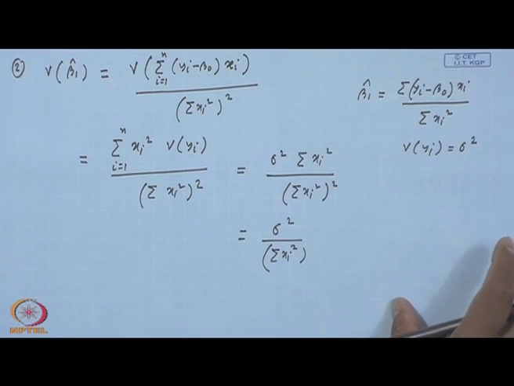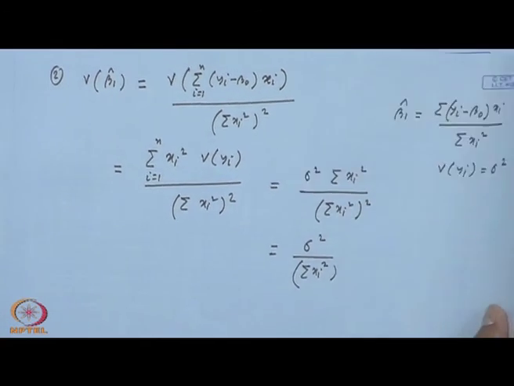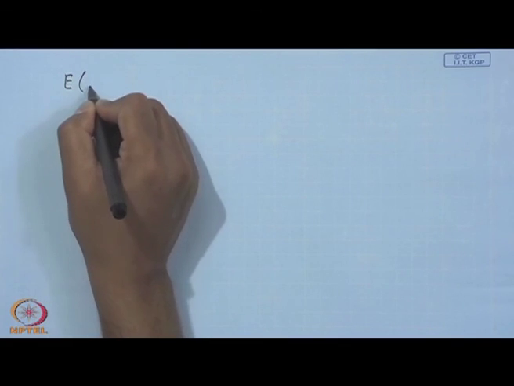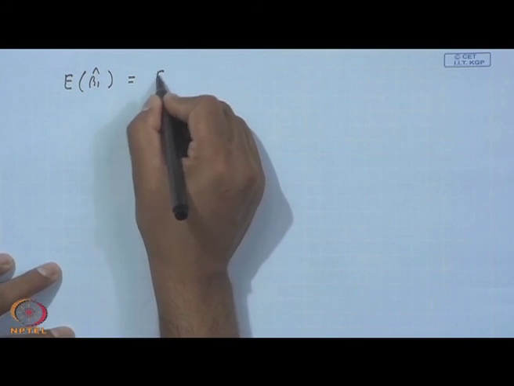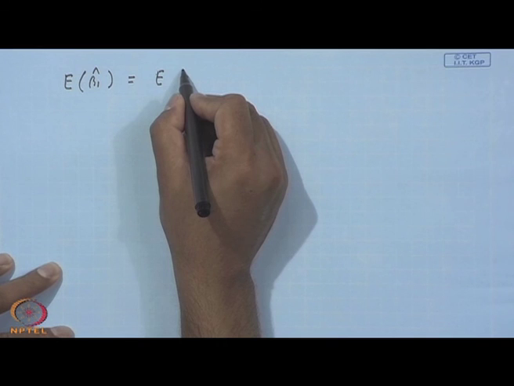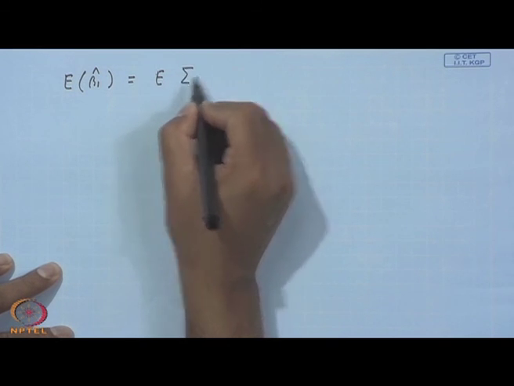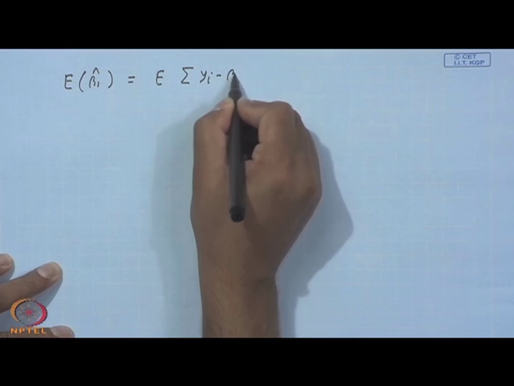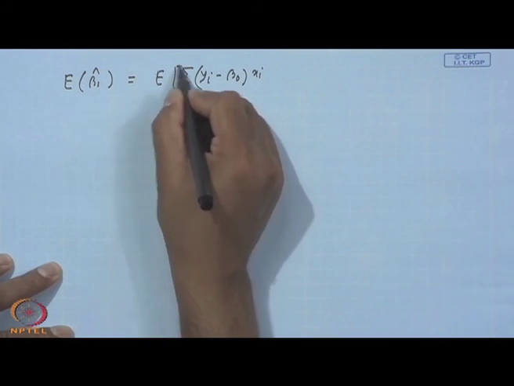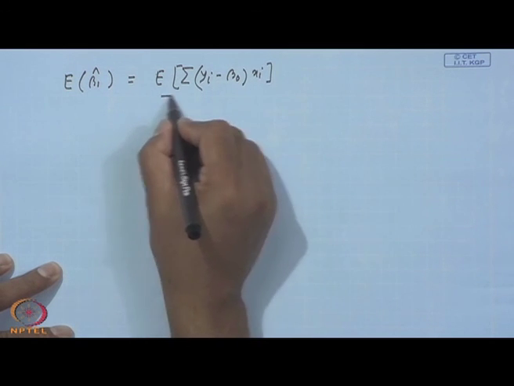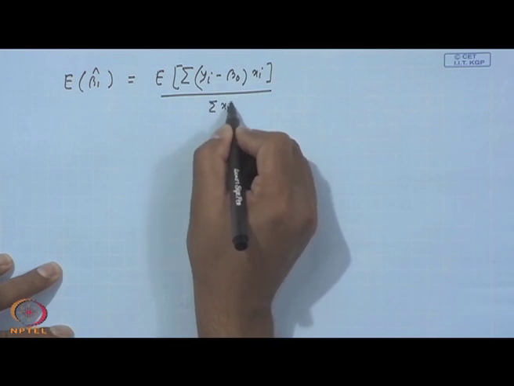Well, so we know the variance of beta 1 hat. Let me check whether beta 1 hat is unbiased. So, you find the expectation of beta 1 hat. That is nothing but the expectation of summation y I minus beta naught x I, over summation x I square.